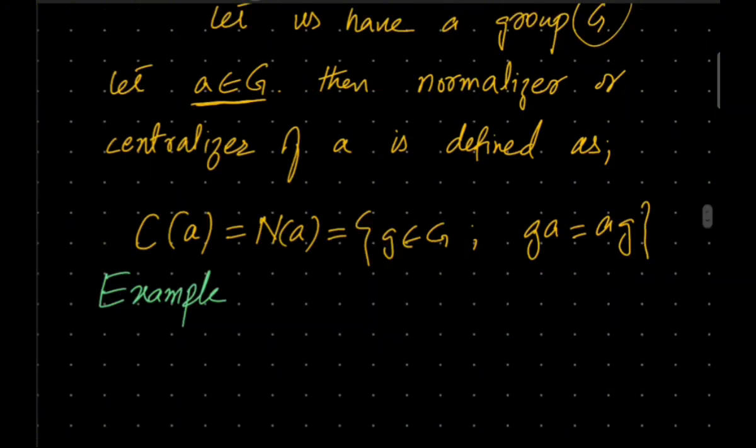In order to understand this topic, we have to do some examples. In order to understand this concept precisely, let's look at an example for a non-abelian group. Since we know that D3 is a non-abelian group, let G be our D3. You know the elements of D3.